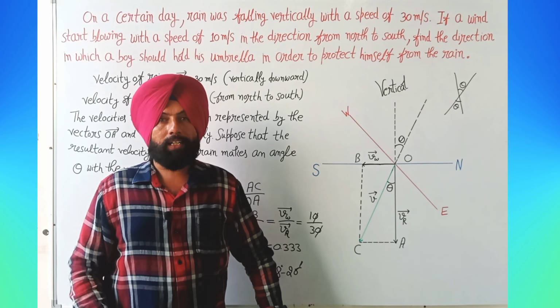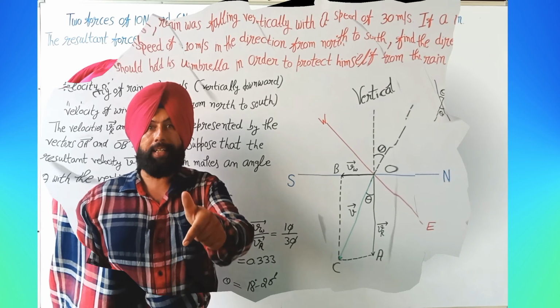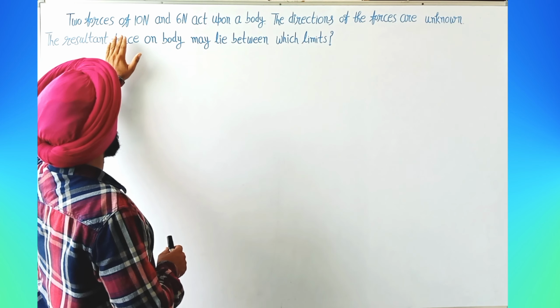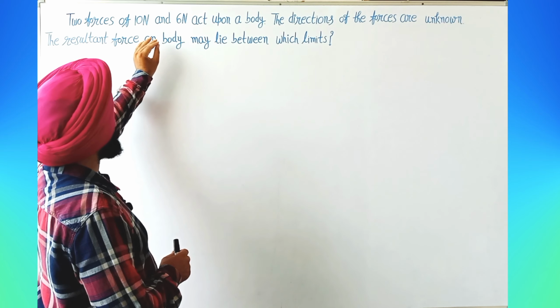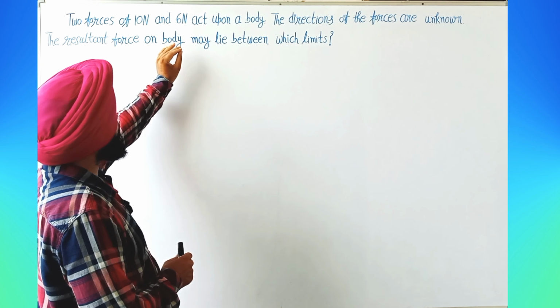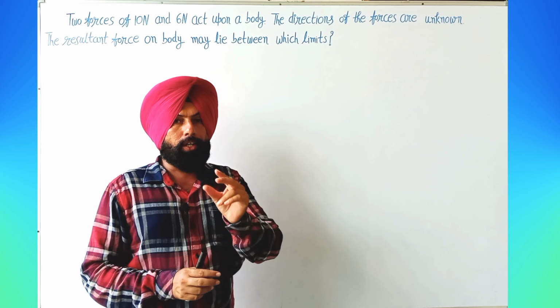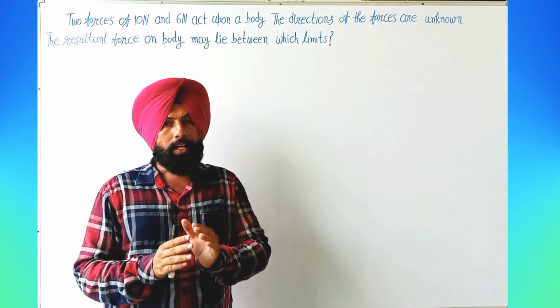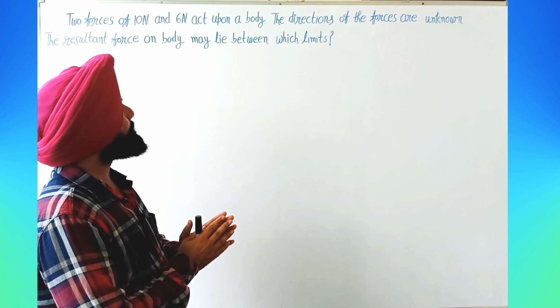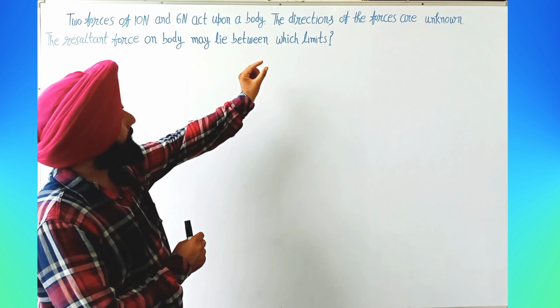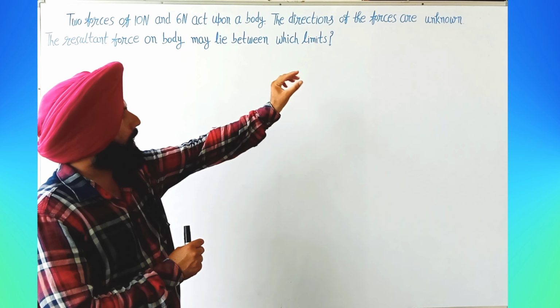Now let us start the next numerical. Two forces of 10 Newton and 6 Newton act upon a body. So we have two forces acting on a body. The direction of the forces are unknown.